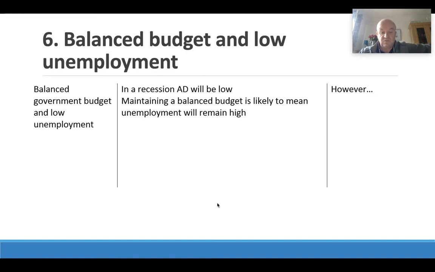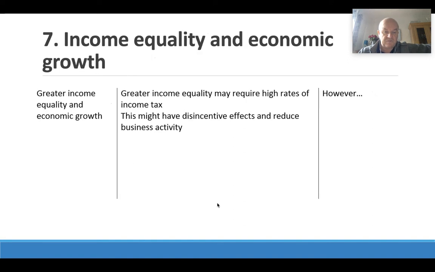Maintaining a balanced budget will mean that to some degree, if we have that scenario where we've got lower aggregate demand, then that's going to mean that unemployment will remain high, and that means that the government is going to have to spend more money on benefits and universal credit, where less people are working or choosing not to work or being economically inactive. Again, there's some evaluation points that you could add in there too.